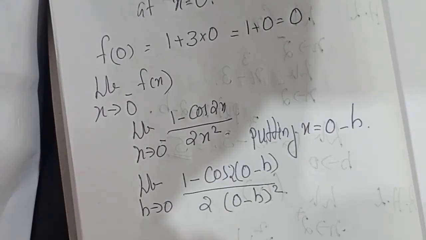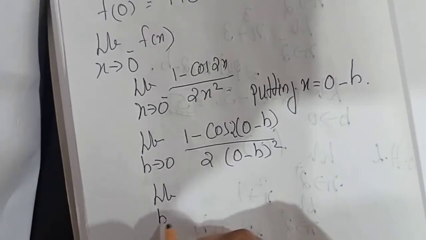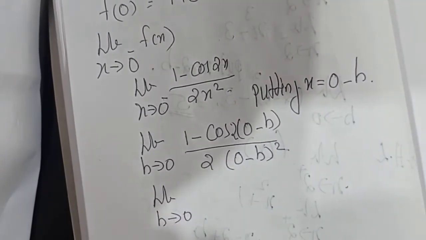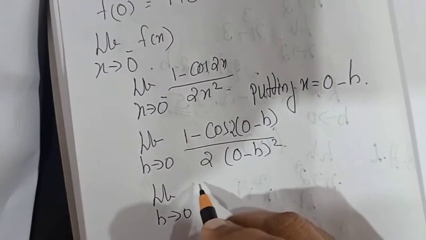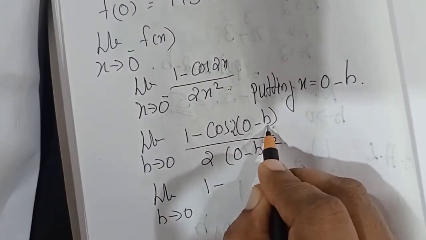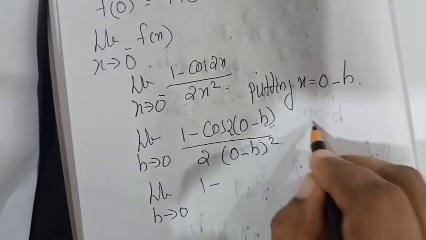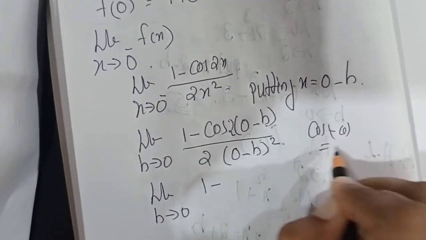That is limit h tends to 0, 1 minus cos of 2 into 0 and 2 into minus h, means cos minus 2h. We know that cos minus theta is equal to cos theta.